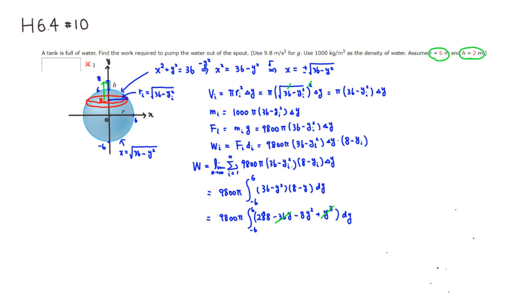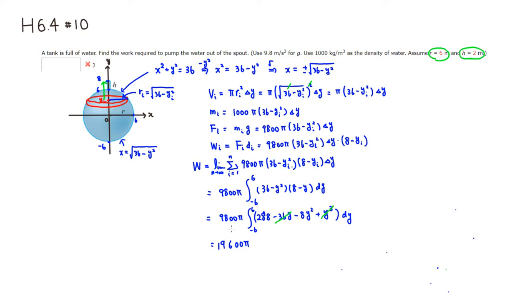What's left is even, so instead of going from -6 to +6, I'm going to go from 0 to 6 and multiply by 2. So 2 times 9,800 is 19,600 pi.